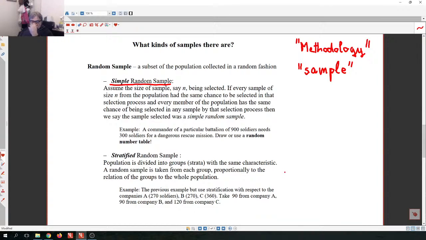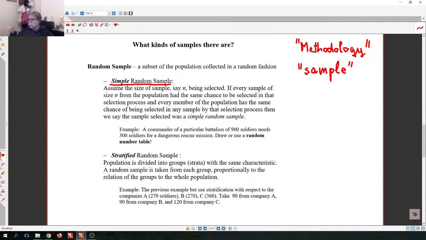To give you an example, if I am a commander of a battalion of 900 soldiers and I need to select 300 of them for a dangerous rescue mission, I could do a simple lottery out of that. I'm going to write every single soldier's name on a piece of paper, identifiable, right?